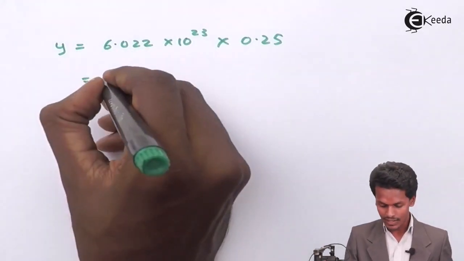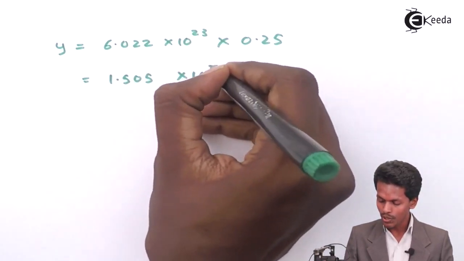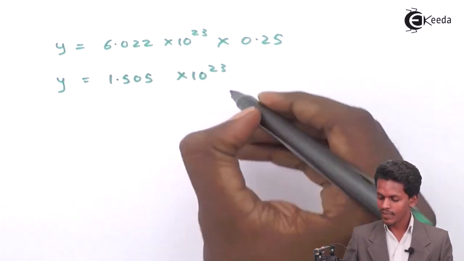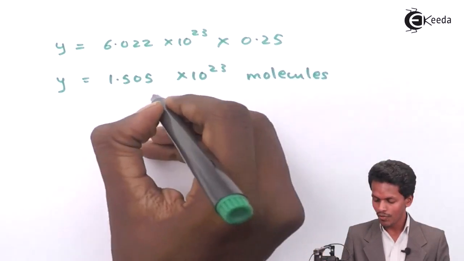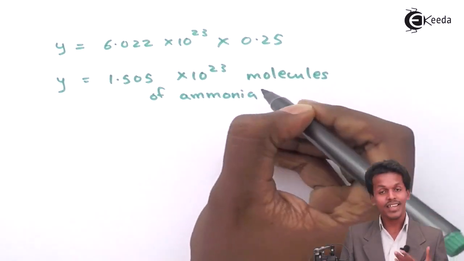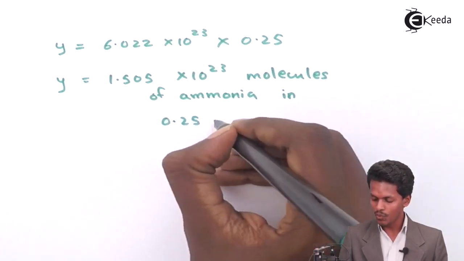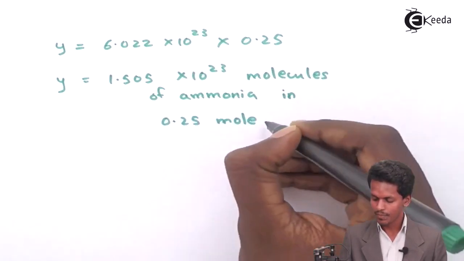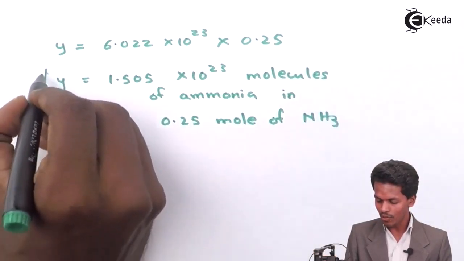We have got the answer as 1.505 into 10 raised to 23 molecules of ammonia in 0.25 mole.